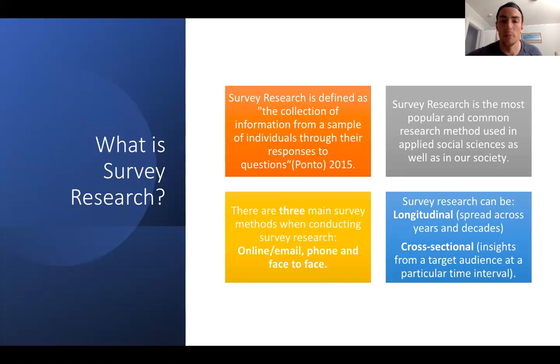There are three main survey methods used in survey research, and those are online or email surveying, telephone, or face to face. Survey research can be longitudinal, meaning it goes on for years and years and even decades, or it's cross sectional. It wants insights from a target audience at a particular time interval.